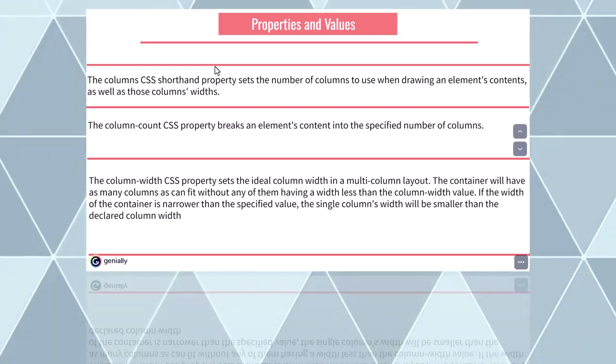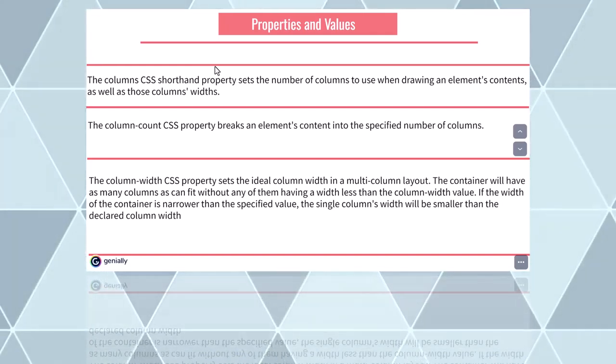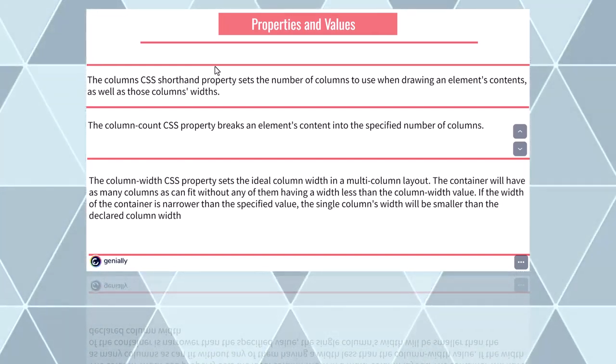If the width of the container is narrower than the specified value, the single column's width will be smaller than the declared column width.